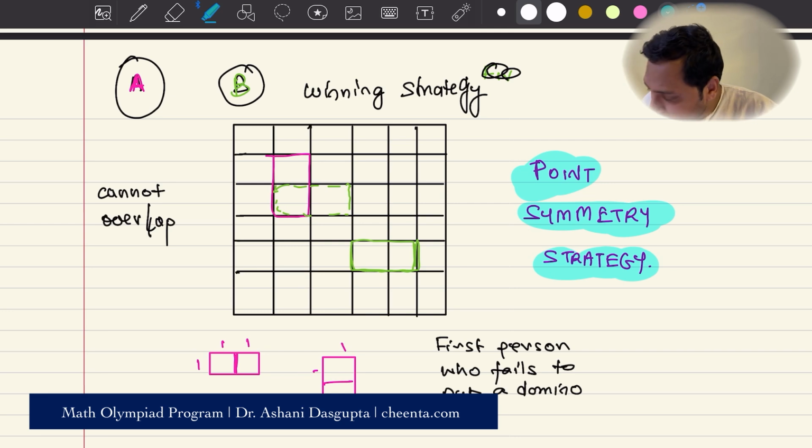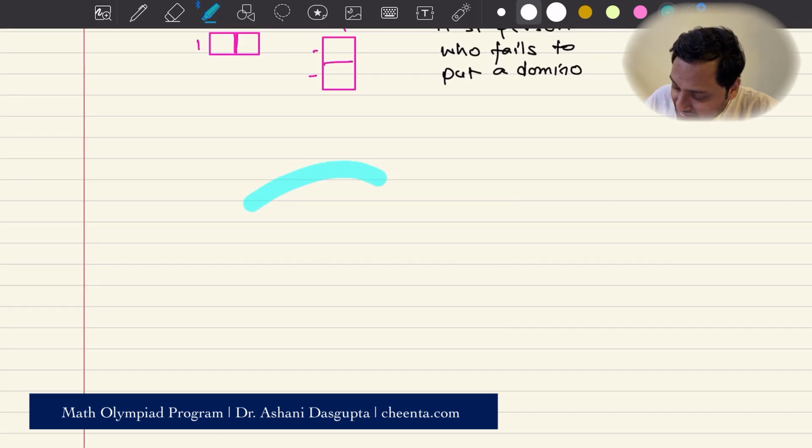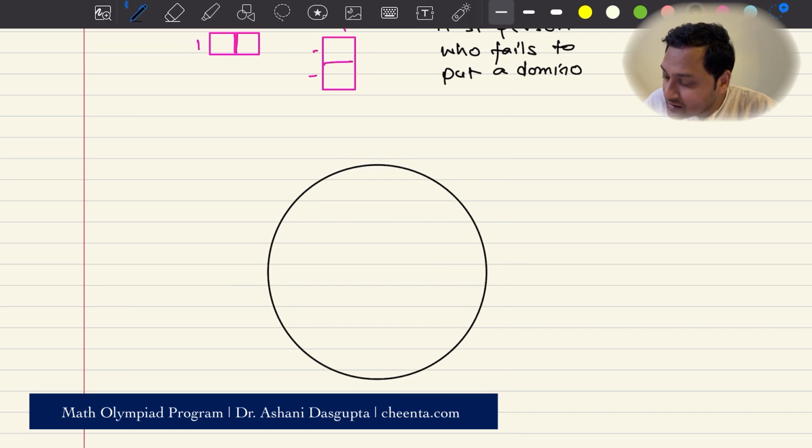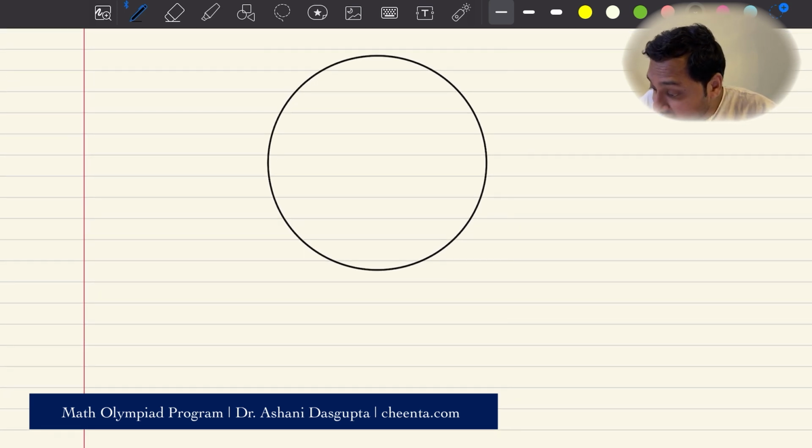In this circular disc, maybe I can just use a regular circle, the point of symmetry is the center O. And why is that? Because if you put something here, you can reflect that about the center point.